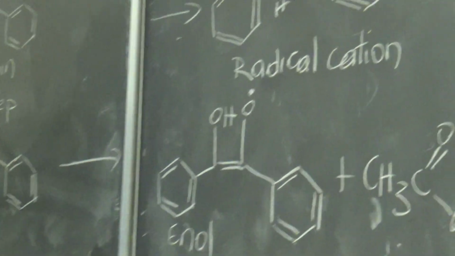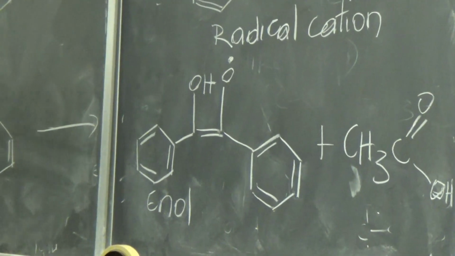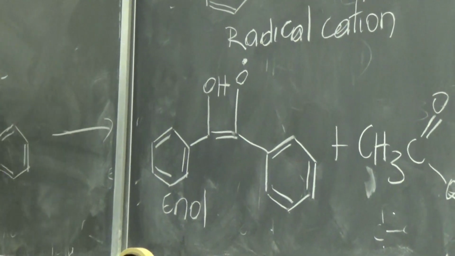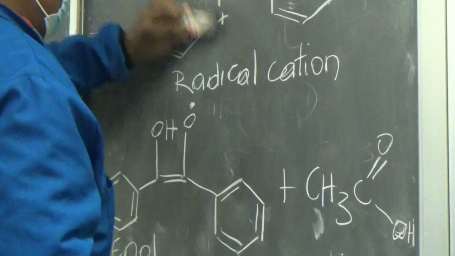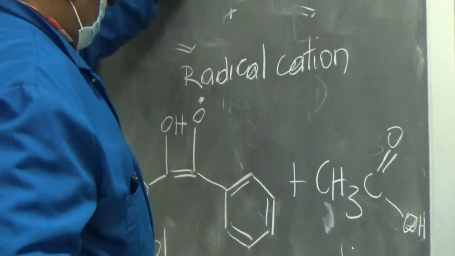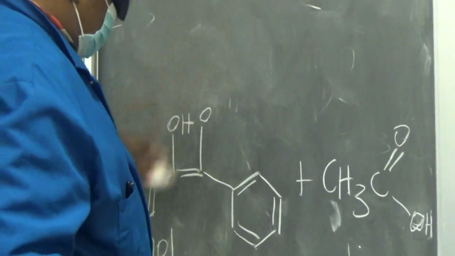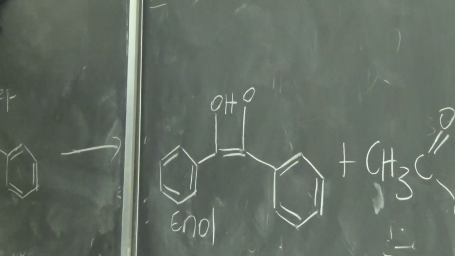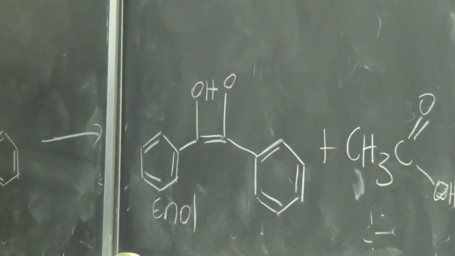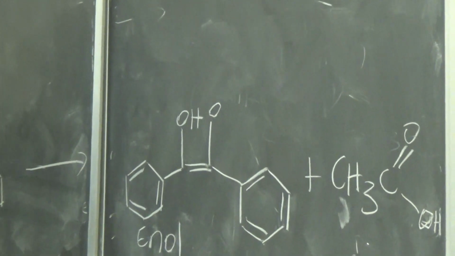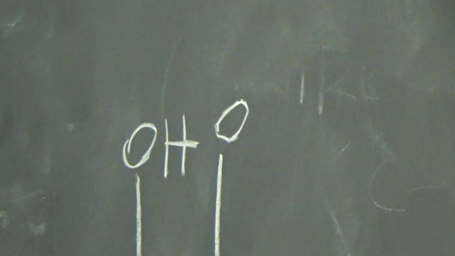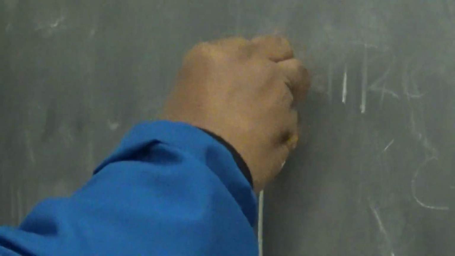Okay, so you have the enol. Quite a mechanism, huh? So you got the enol, and there's a radical on the O dot. Are you missing the radical? The radical has to be here. Yeah, see, it's there.